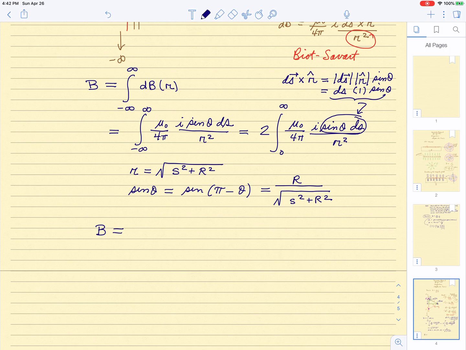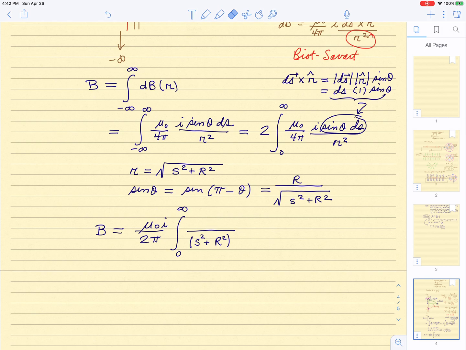then, this 2 will cancel with that 4, giving you a 2. It's going to be mu 0 over 2 pi times I. They're all constants. It's going to be 0 to infinity. Actually, let me just back up here and do this.